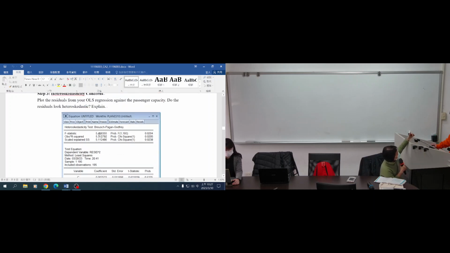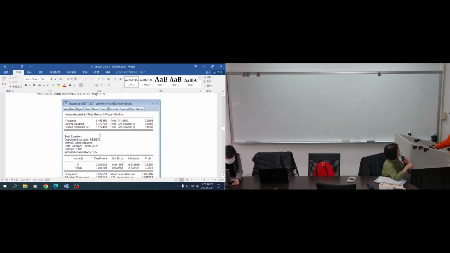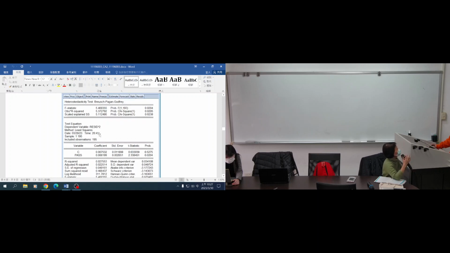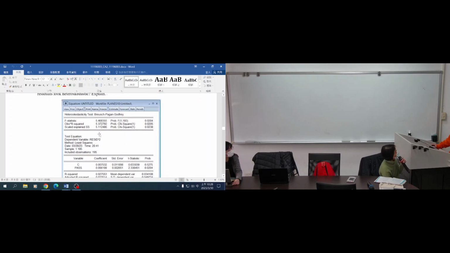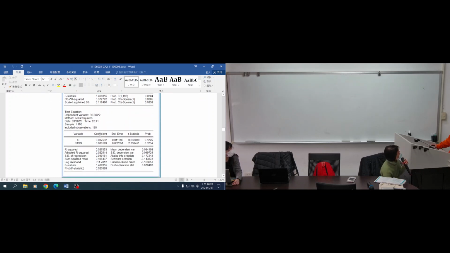Using the generate function, you give a name for those residuals, maybe RESID1 equal to the original RESID. Then use RESID1 to plot the diagram. Oh, okay, this is how we do it.